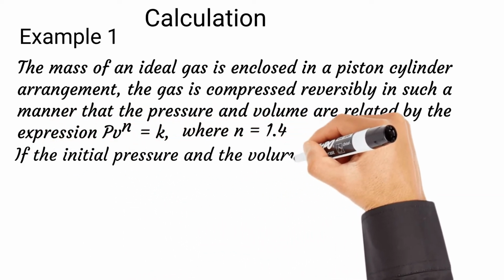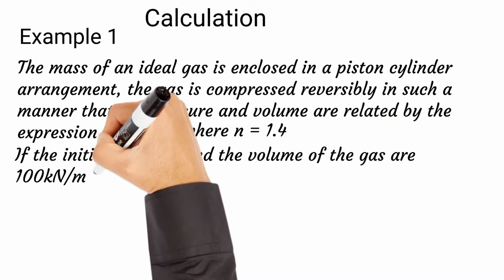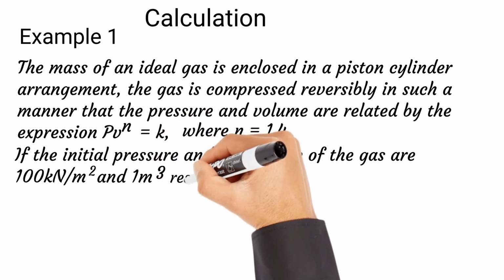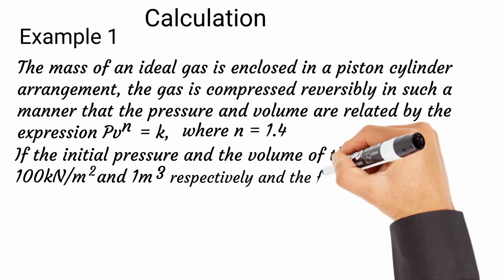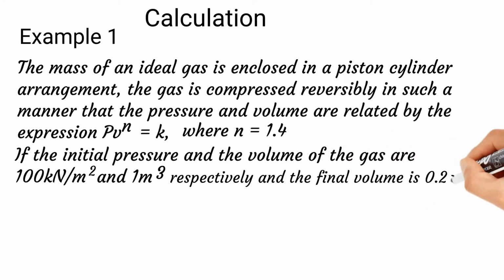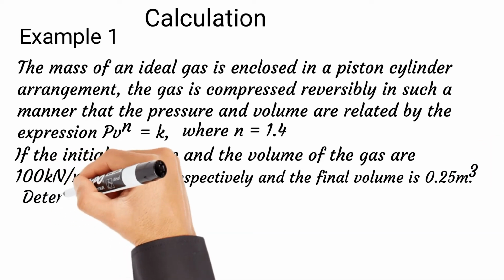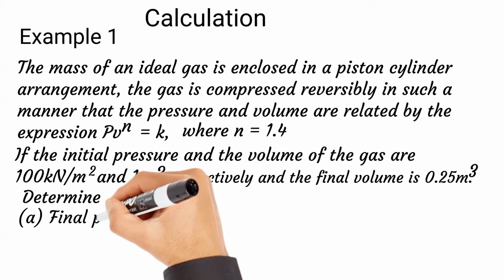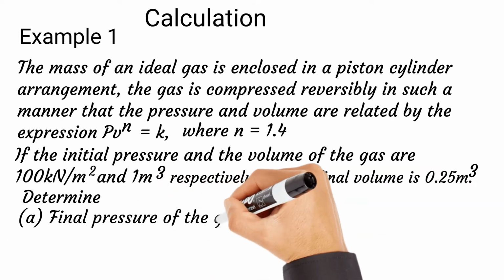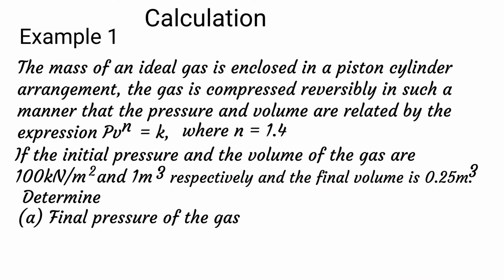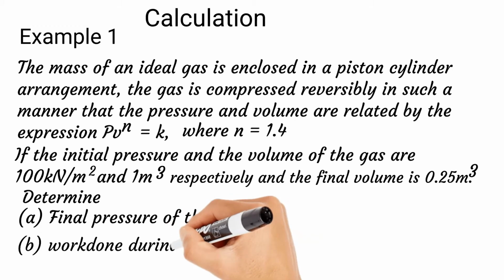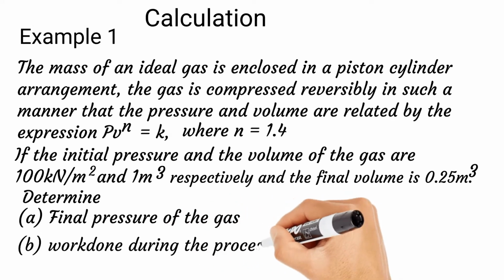If the initial pressure and the volume of the gas are 100 kilonewton per meter square and 1 meter cube respectively, and the final volume is 0.25 meter cube, determine A, the final pressure of the gas, and then B, the work done during the process.